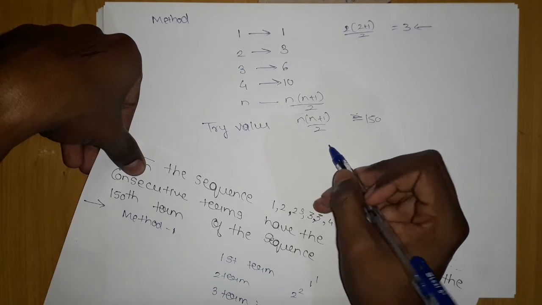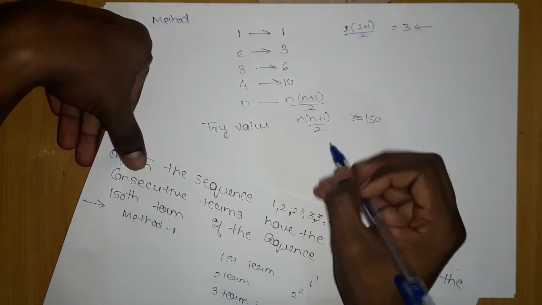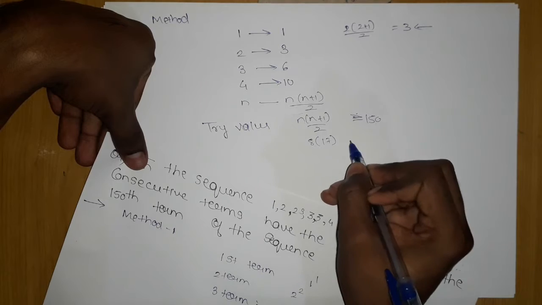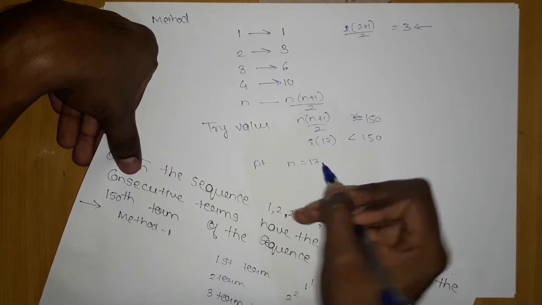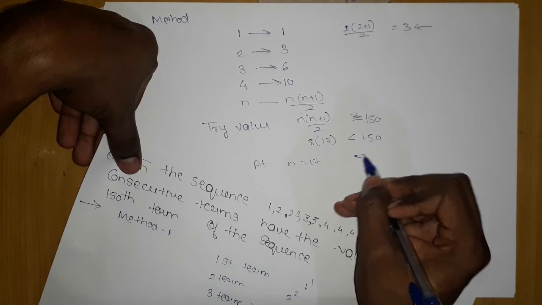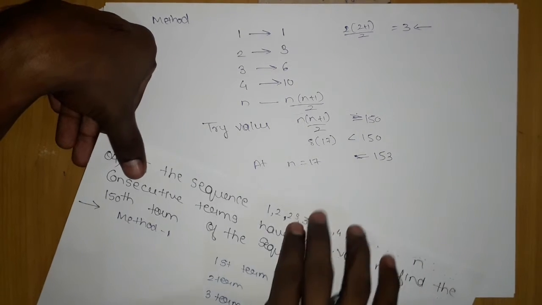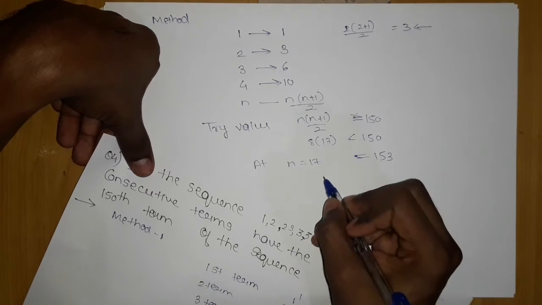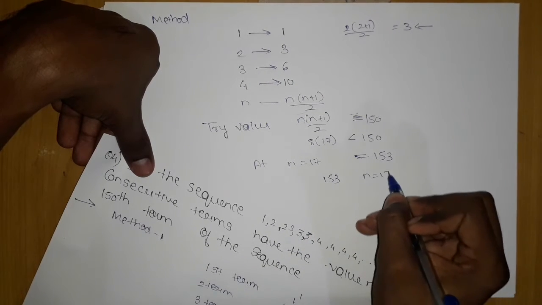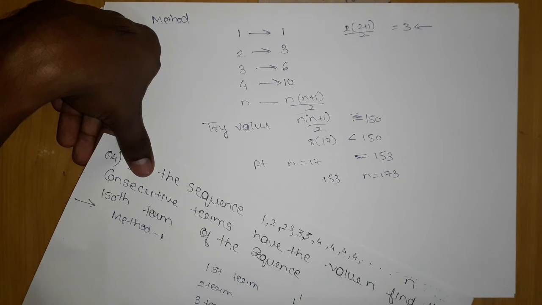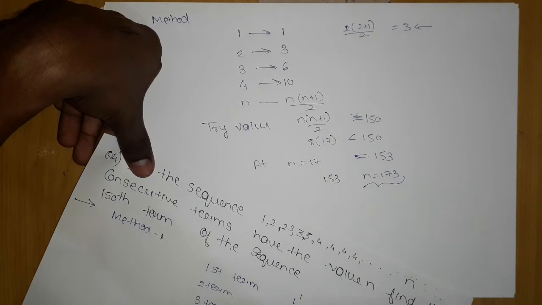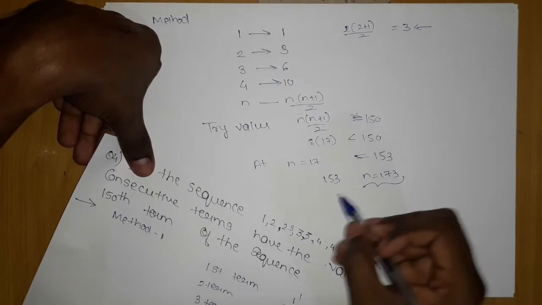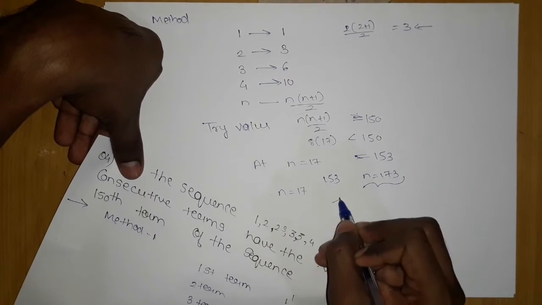Here you can directly see that 16 plus 1 is 17, 8 into 17 is 136, which is less than 150, while at n equals 17 it is 153. At 153 it is the last term. After that it can be 18, but it doesn't matter, because before and after 150 it was 17. That is the important part. So n equals 17 is the answer.